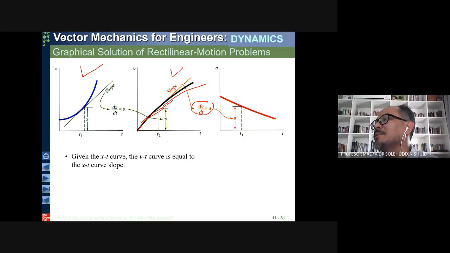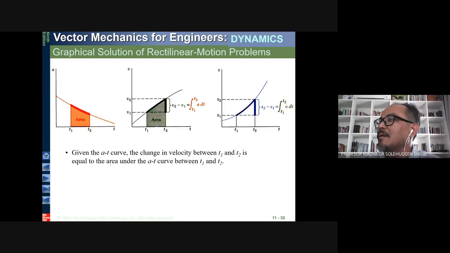After you have obtained this graph, you can plot the acceleration plot, which is this one. This one shows you the area under the curve, the acceleration versus time curve. The integration is basically the area under the curve.